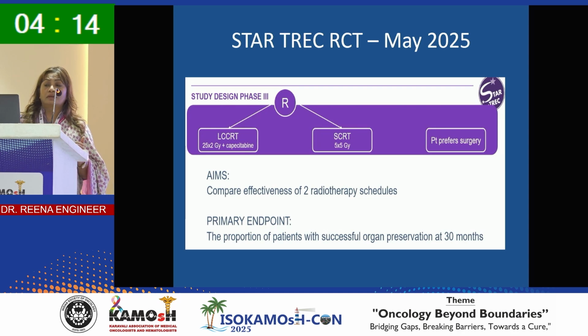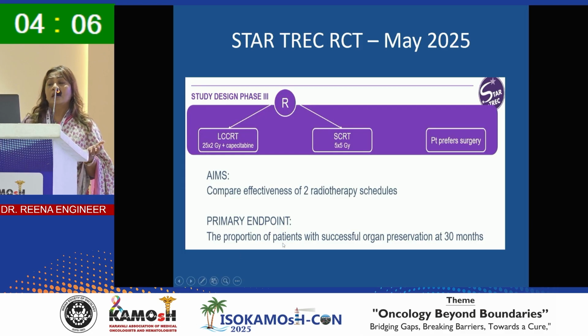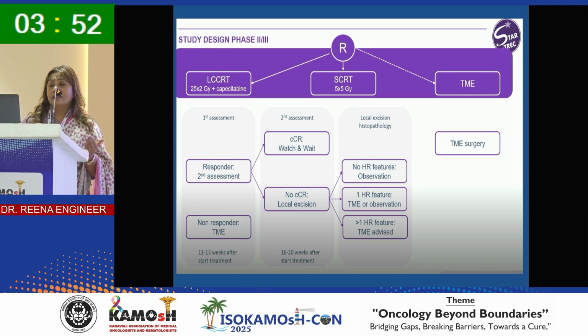Last week, this trial was presented at ESTRO. This is the phase 3 trial where they compared long course RT with capecitabine versus short course RT alone, and they also had a third group where the patients preferred upfront surgery. These were all T2 and early T3 patients, and they followed the wait and watch protocol.